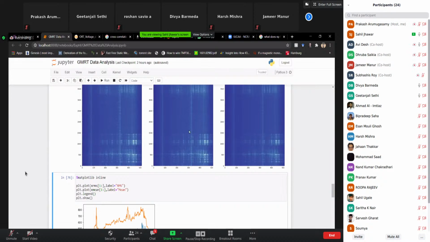Whereas RFI will not have that tag of strict Gaussianity. On a spectral line from the sky, the mean and RMS will scale the same way, whereas they will not scale the same way in the case of RFI.